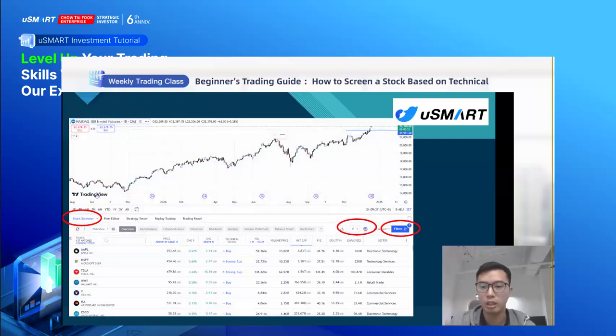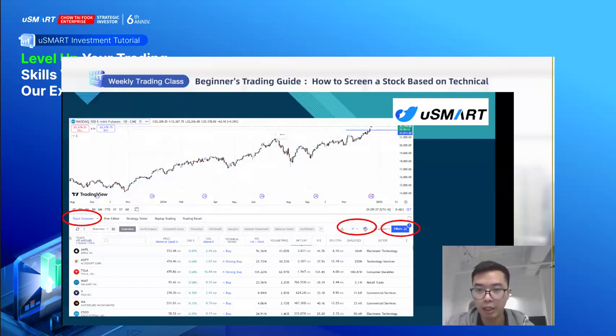So here is actually TradingView. You all can see this is Nasdaq. After you go into this chart on TradingView, you press the stock screener. Then you pick the US markets.